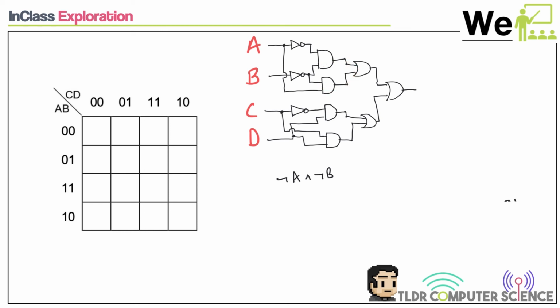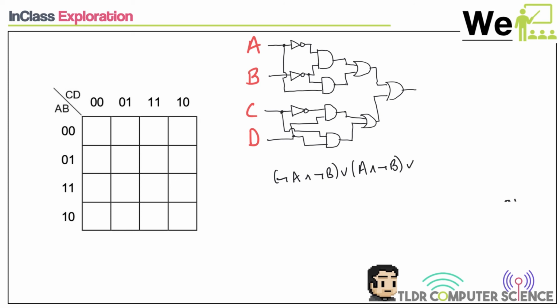So I'm going to find out what this is. So this is A and not B. So I'm going to do an OR. So it's A and not B. And then all of these are going to go into an OR gate.